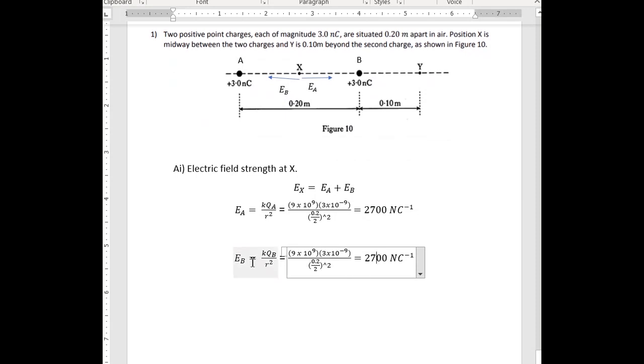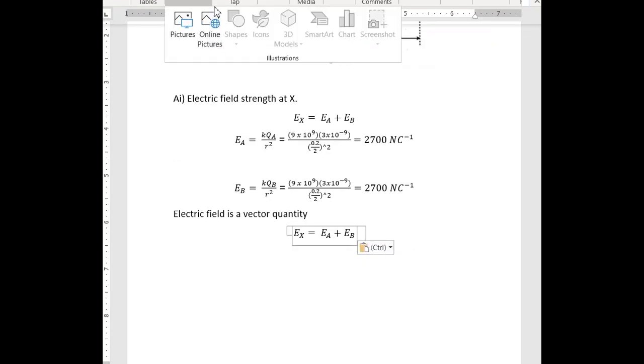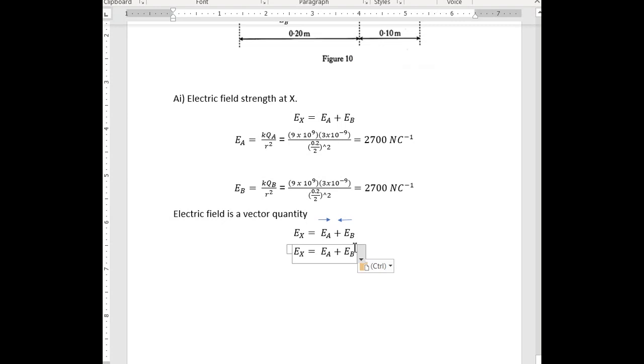So electric field induced by B is the same as electric field induced by A. To get the electric field strength at X, because electric field is a vector quantity, we need to take into account that electric field induced by B is opposite to electric field induced by A. So E at X is basically E induced by A minus E induced by B, which is 2700 minus 2700 equals 0 Newton per Coulomb.